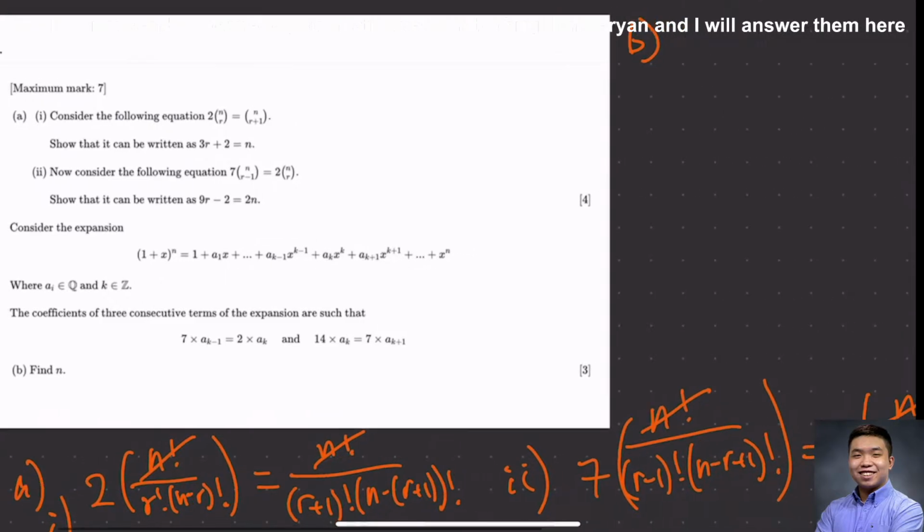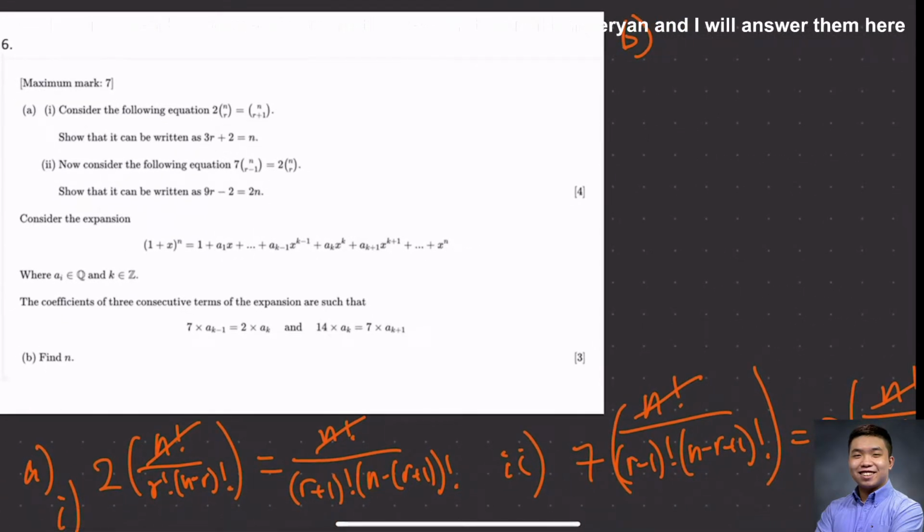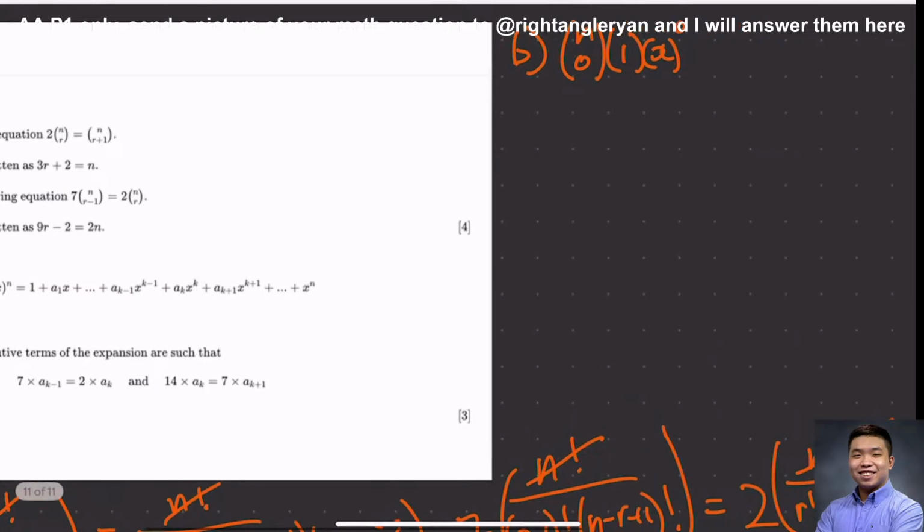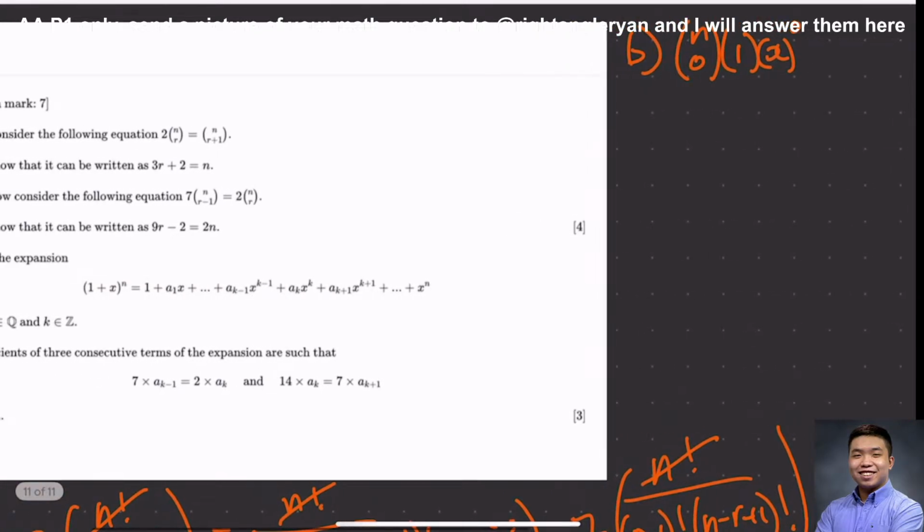So let's see how we can do the binomial expansion. If we do this binomial expansion, we know it's going to be n choose r. We would have, sorry, n choose 0, right? 1 and then x to the 0 here. I know this must be 0 because this here is 1. If I'm going to have 0 here and n here, then this would be x to the n instead.